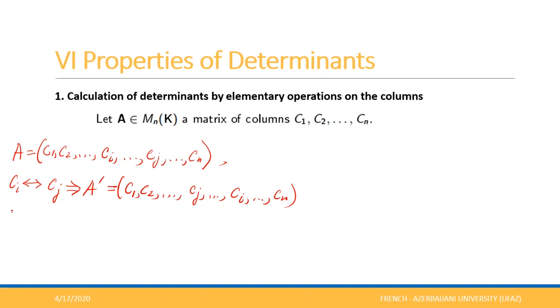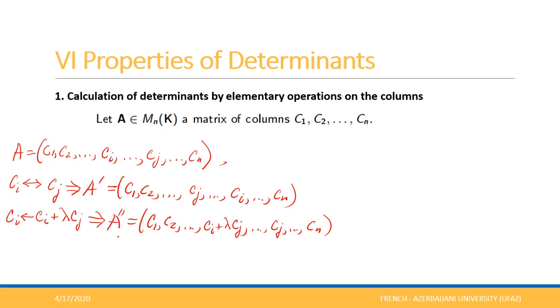If we use this elementary operation, instead of Ci, Ci plus lambda Cj, then our new matrix will be this: C1, C2, Ci plus lambda Cj, Cj, Cn. For this matrix, I will use this notation: A2 prime.